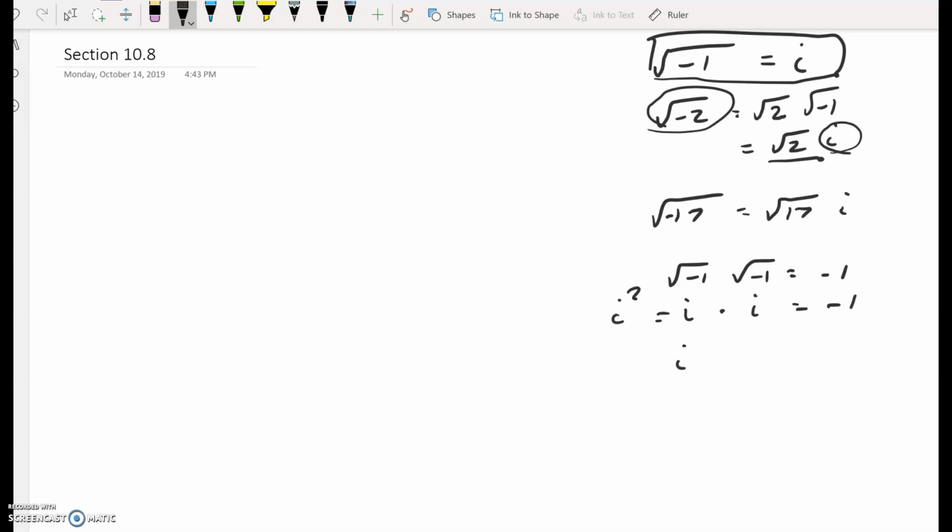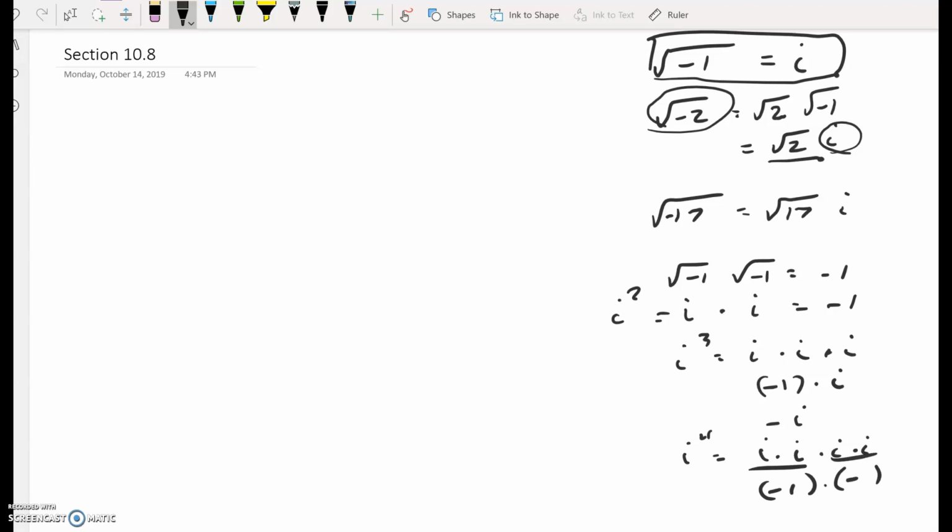So i to the third power would be i times i, which is -1, times i, which would be minus i. And i to the fourth power would be i times i times i times i. These two make a -1, these two make a -1, that's +1. So i to the fourth power gets you back to +1.